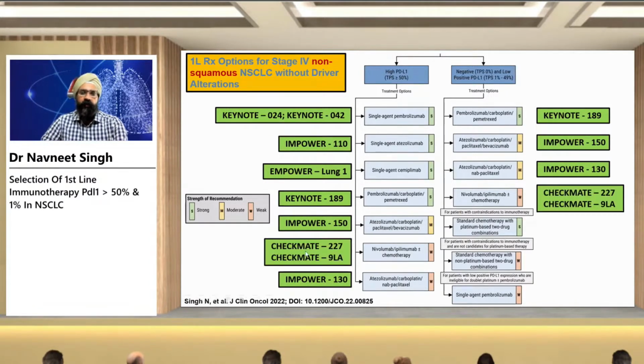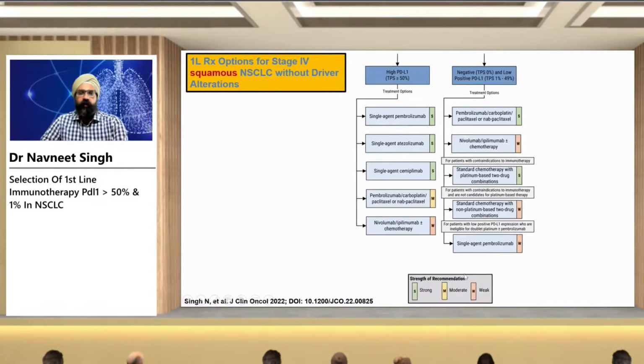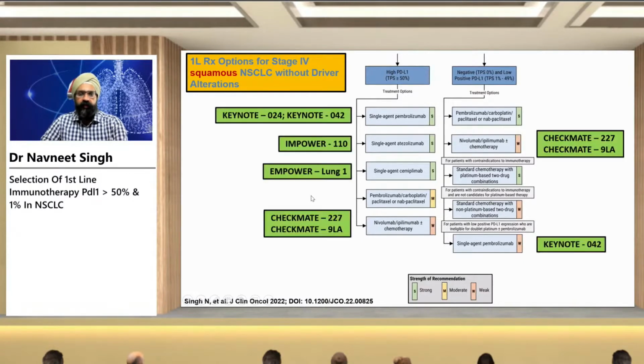Of note, you also have the dual immune checkpoint inhibitor combinations tested in the Checkmate 227 and the Checkmate 9LA, and the Keynote 042 trial is an option for patients who have low PD-L1 positivity but are not candidates for the combination. Now, if you talk of squamous, the options are a little less.